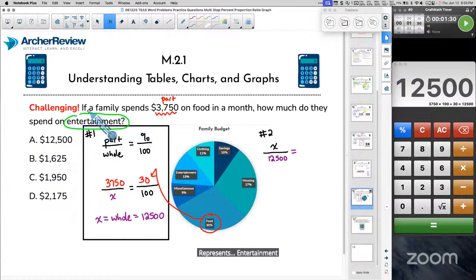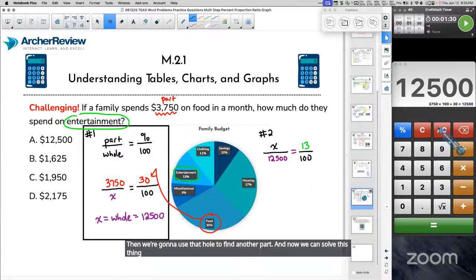Well, what do we know about entertainment? Entertainment is 13%. Don't put that 13 up here. It's not the part. The 13% goes 13 over 100. So again, we use the part to find the whole. Then we're going to use that whole to find another part. And now we can solve this thing.